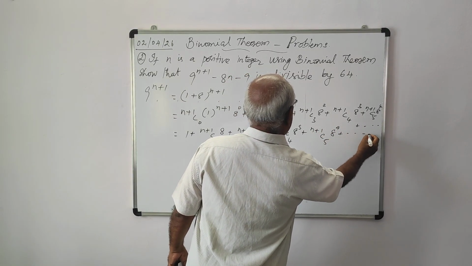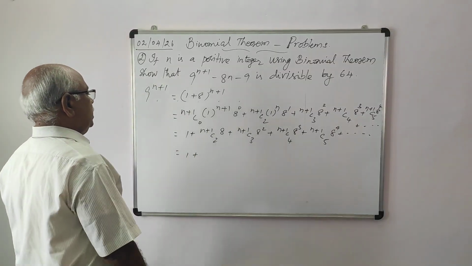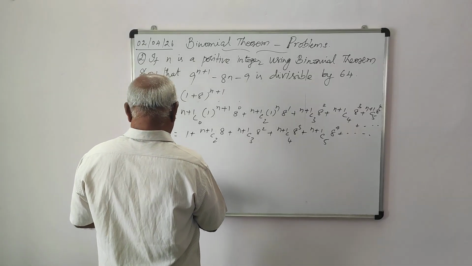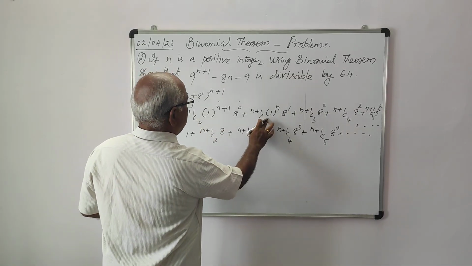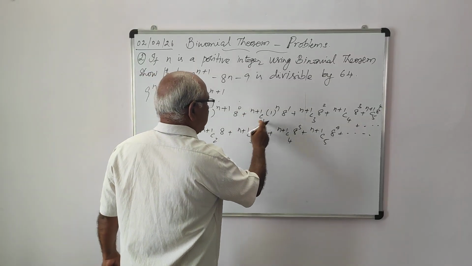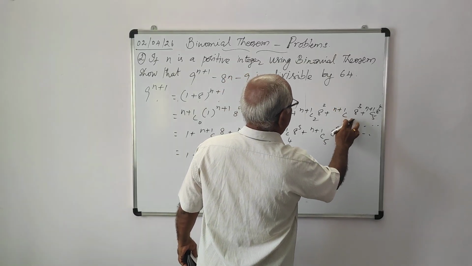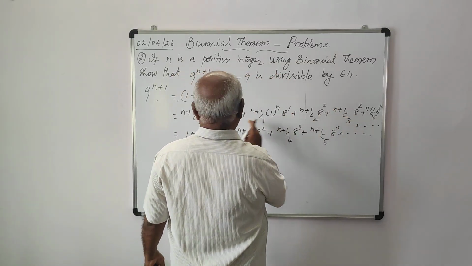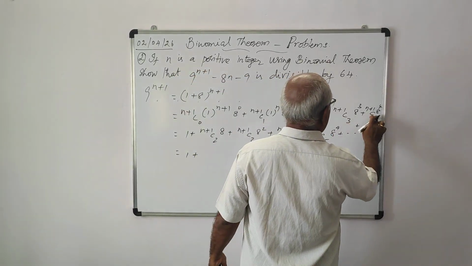அப்படி போயிட்டே இருக்கு. இப்போ இது வந்து 1, n plus 1 C1 into 8. Sorry, இங்கே 1 வரும். n plus 1 C0, n plus 1 C1, n plus 1 C2, n plus 1 C3, sorry, இங்கே 2 போட்டுட்டேன். 0, 1, 2 தான் வரணும்.